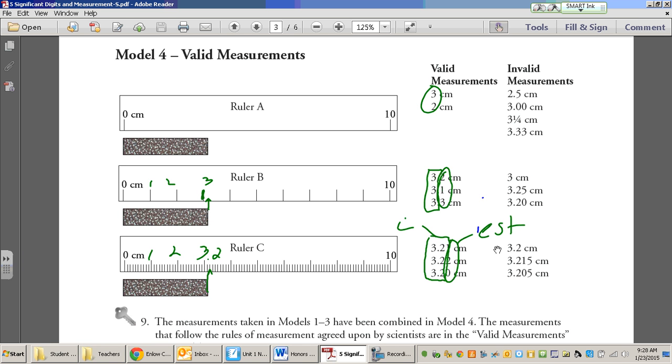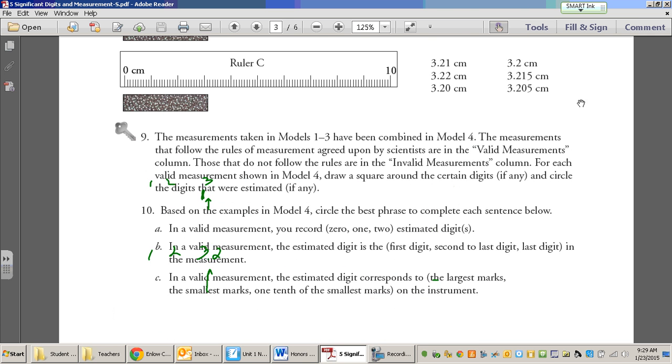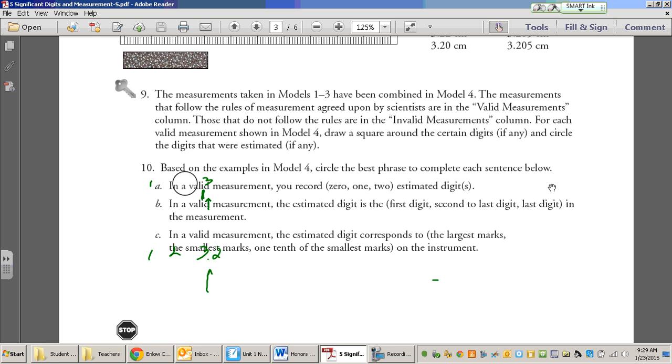Now, the second part, which was the circling, which is what you're estimating, we can finish that up together too. I can't, for some reason, get this to stick to this PDF, so we're just going to move this like this. Okay. So number 10, based on the examples in Model 4, circle the best phrase to complete the sentence. In a valid measurement, you record what estimated digits?